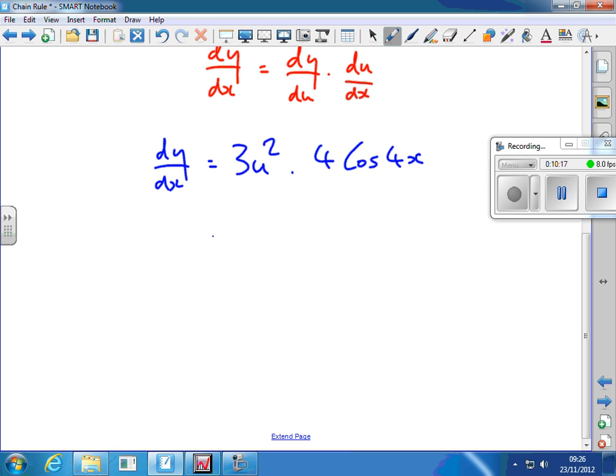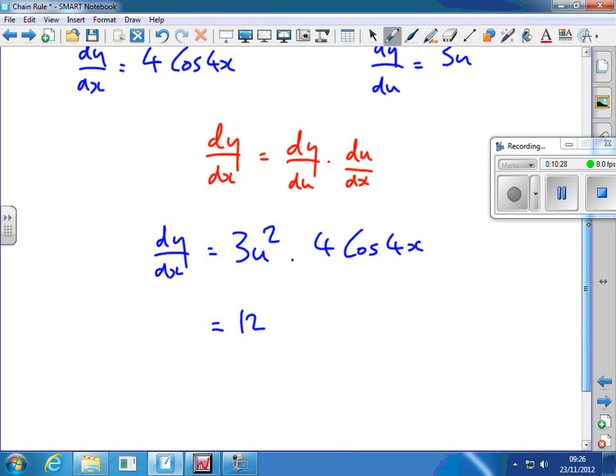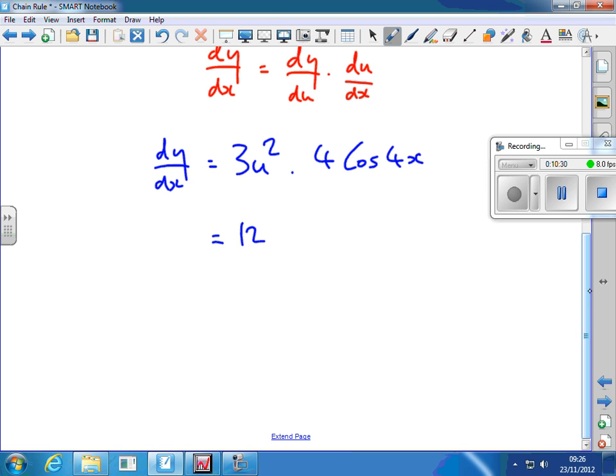3 times 4 is 12. U we set to be sine 4x, so it'll be sine 4x squared times the cosine of 4x.